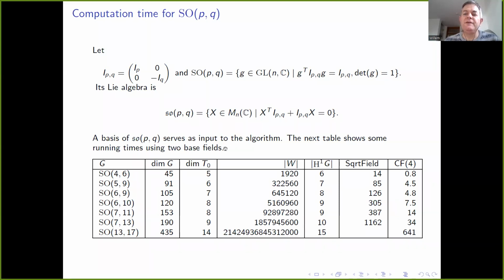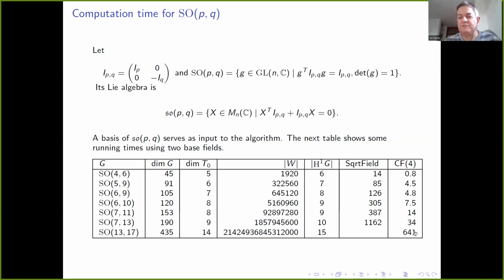And as we've seen, the size of the H1 of the torus is 2 to the power k. And in these cases, this is the k. So the H1 that we're acting on with the W0 will have a size of 2 to the power 14. And that's something like 16,000 or something.